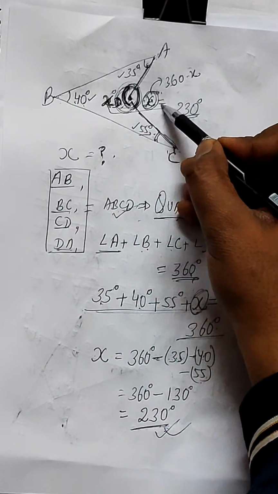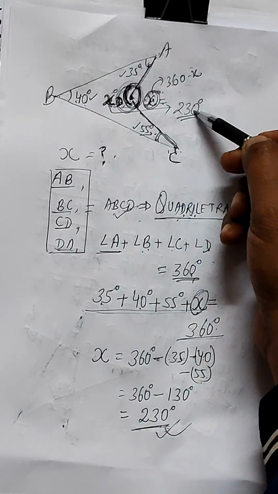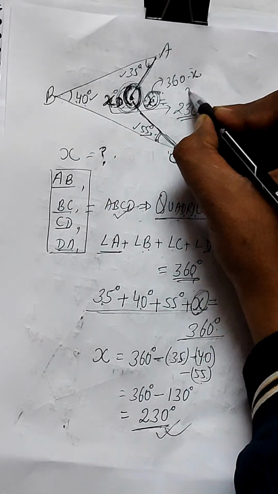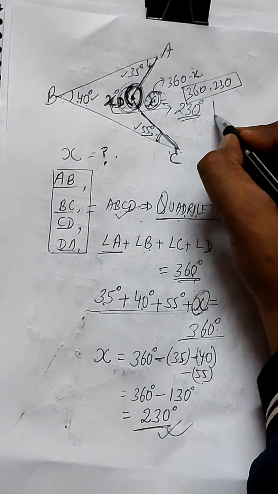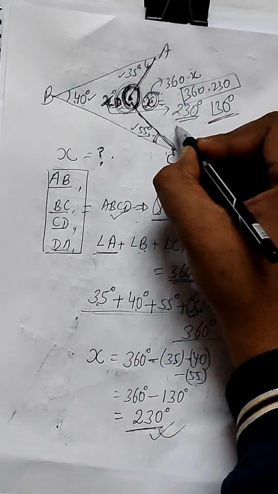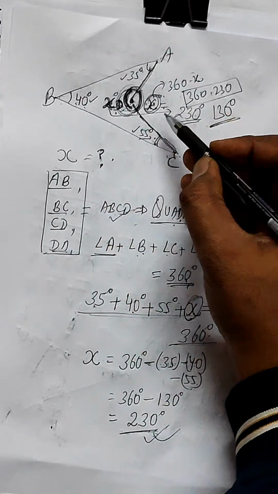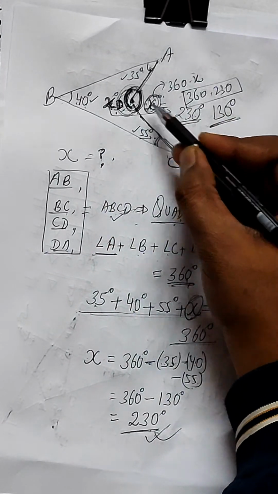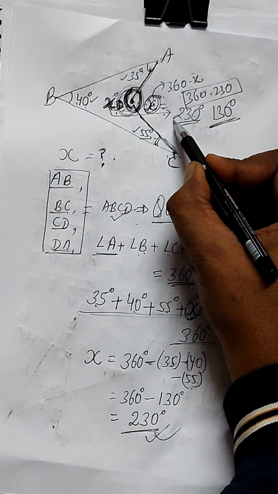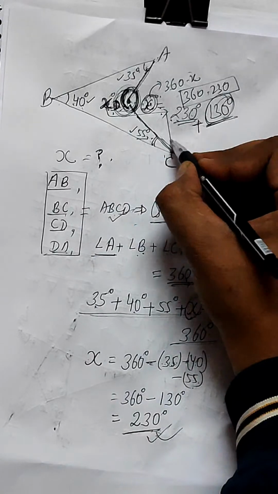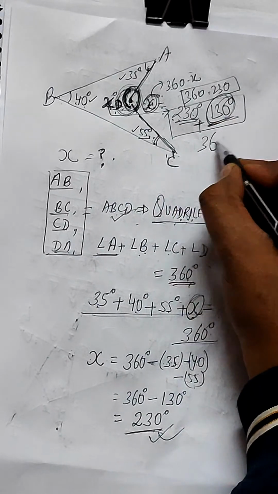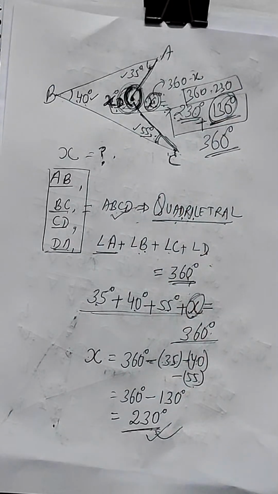And this angle is 360 minus 230, which will be coming as 130 degrees. 230 plus 130, you can add up to get 360, which is a complete angle, right?